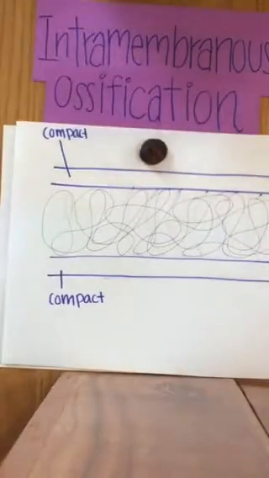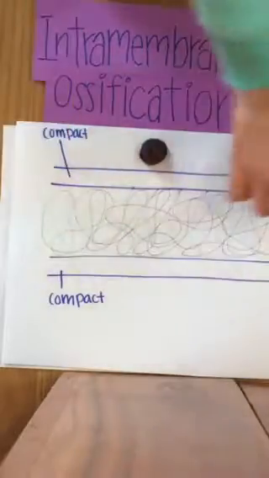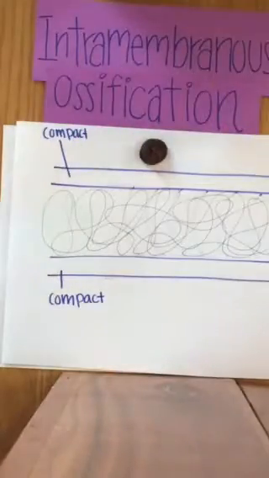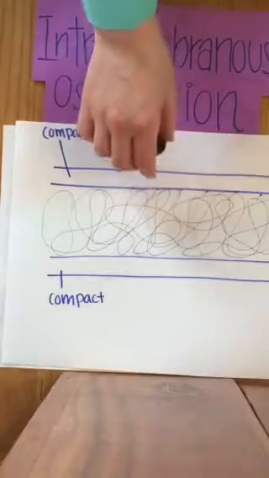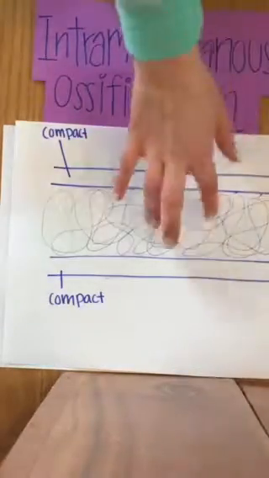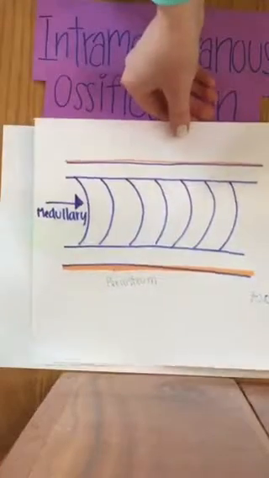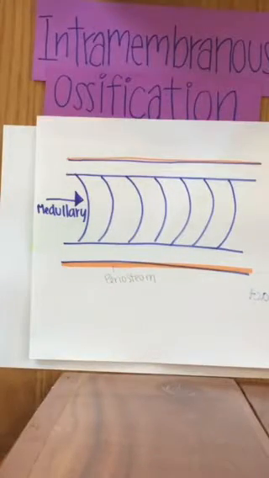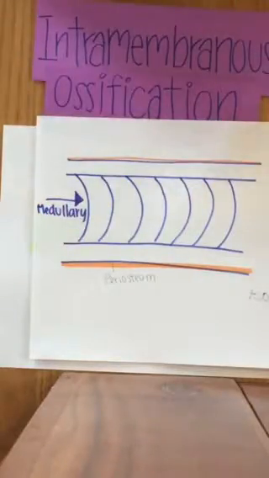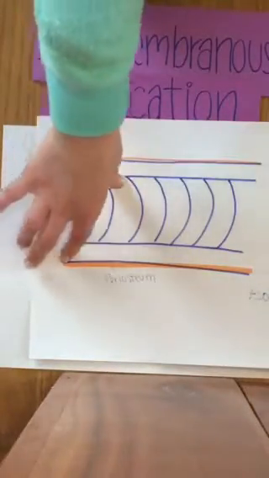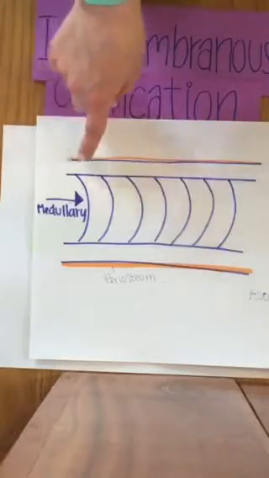The compact bone will surround and form on the very edges of the spongy bone. This spongy bone can also be replaced by a medullary canal, and this medullary canal just replaces it. It also has periosteum on the very edges.